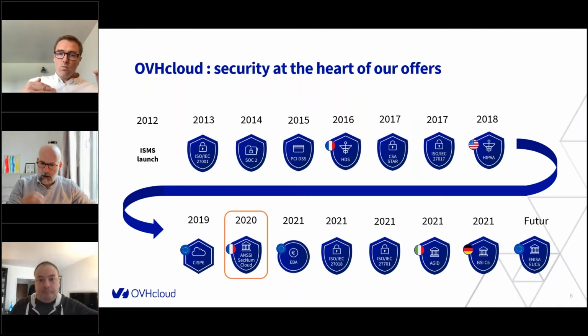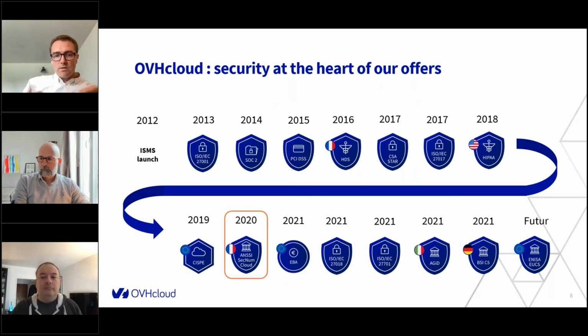After that, we improve the security every year and every day, I would like to say, because you can see all the certifications that we have for healthcare, for example, in France, or also ISO certification in all regions, and PCI DSS for the banking sector, etc.